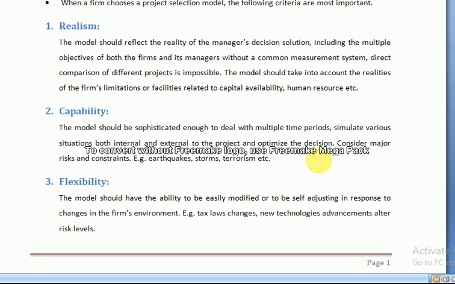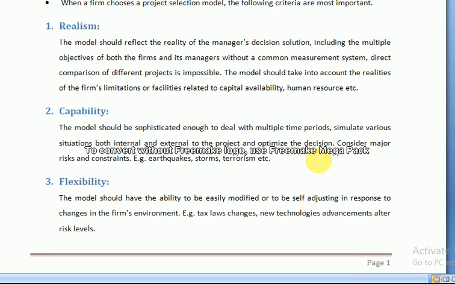Number second one, capability. So the model should be sophisticated enough to deal with multiple time periods, that simulate the various situations, both internal and external to the project, and optimize the decisions, like considering the major risks and constraints.